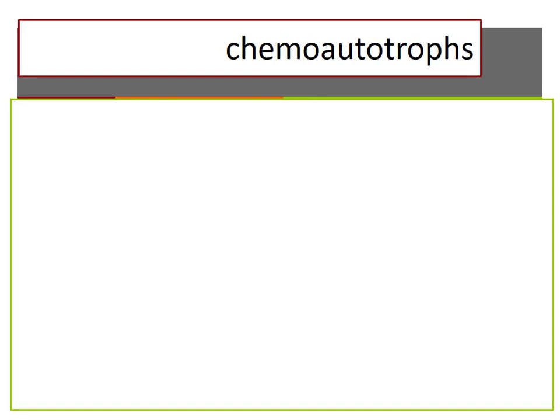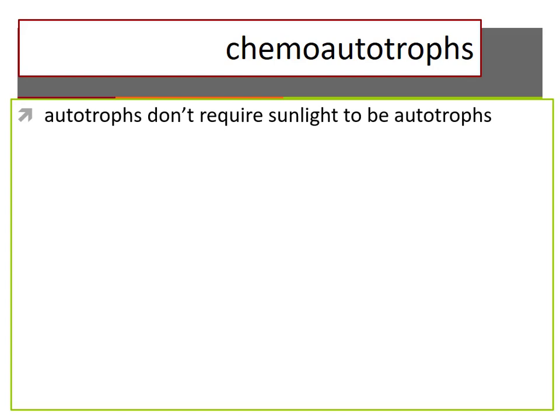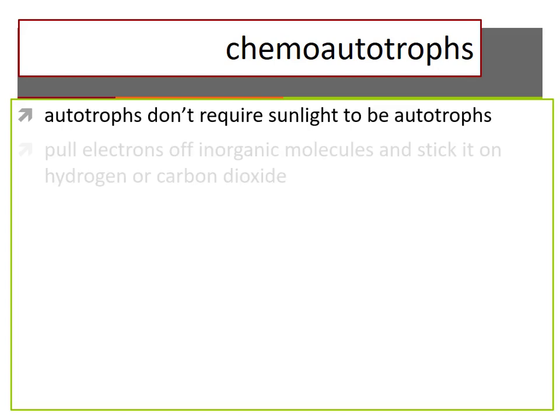Next up is chemoautotrophs. Where do they get their organic carbon? They're going to make it themselves. And where do they get their energy? It's not going to be from sunlight this time. It's going to be from breaking chemical bonds. These guys are going to make their own organic molecules, but not by sunlight.